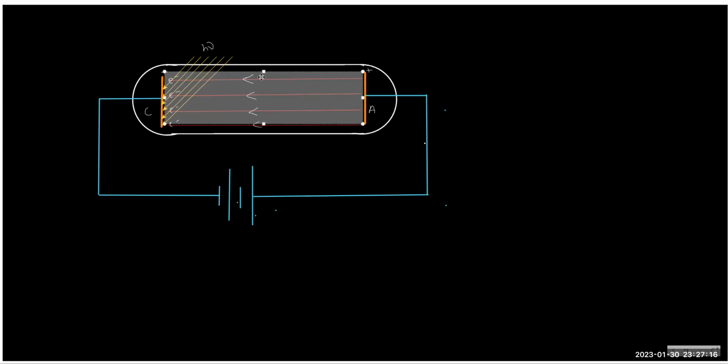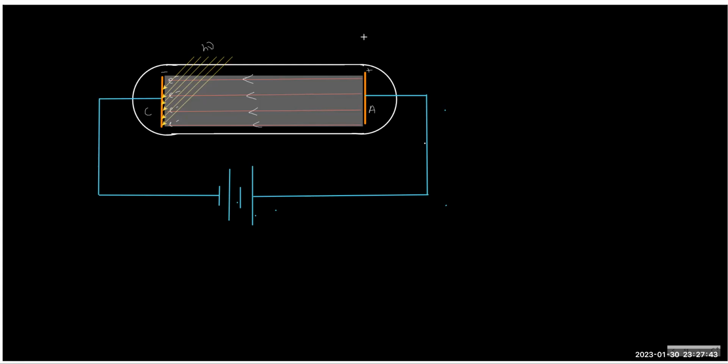So eventually, this will happen. This space will start getting filled with charge, and because it is made of electrons, this electron density will have some repulsive power, and therefore you cannot keep on putting more and more photons into this space.